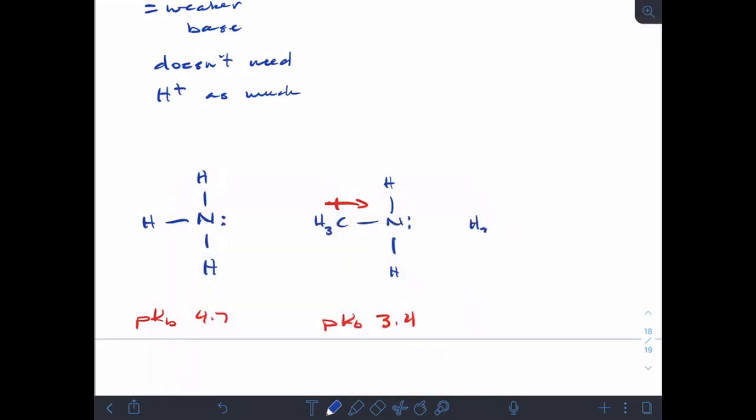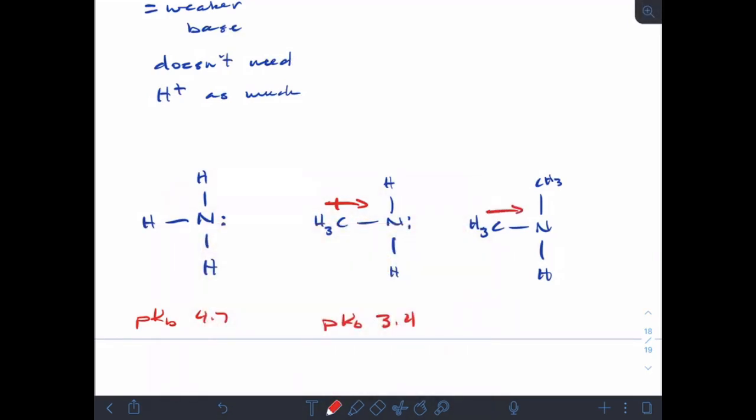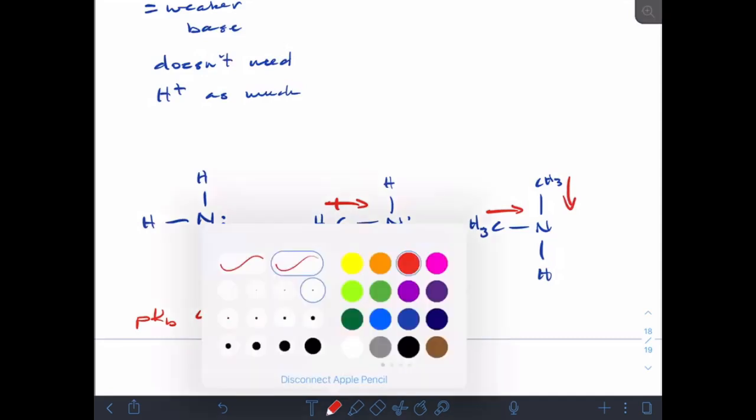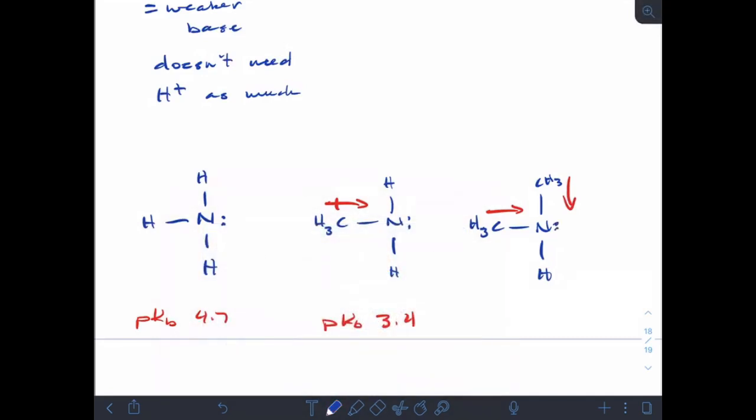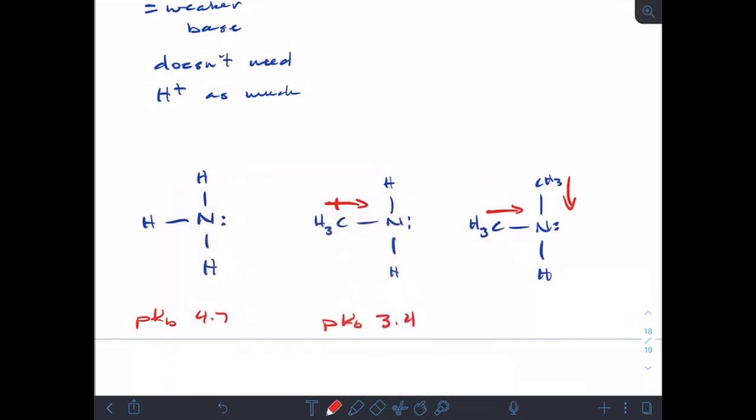If I add another carbon group, it gets even worse. Now I've got two groups donating electrons towards my nitrogen, and our pKb for this one goes down even further, just by a bit.